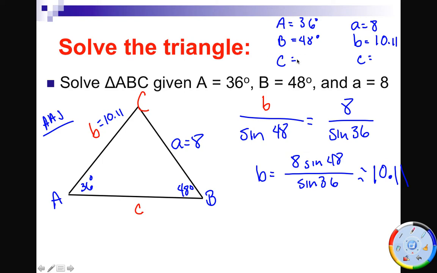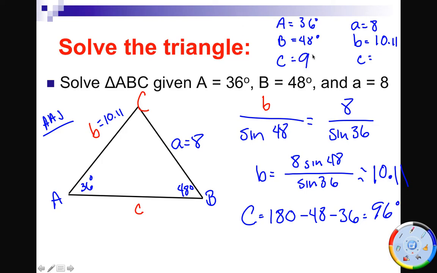Well, big C is really easy because we should know that the angle sum of any triangle is 180 degrees. So big C is equal to 180 minus 48 minus 36, which is 96 degrees.